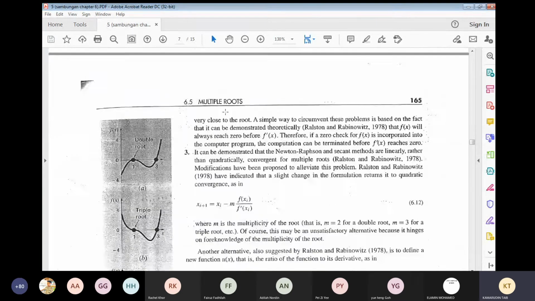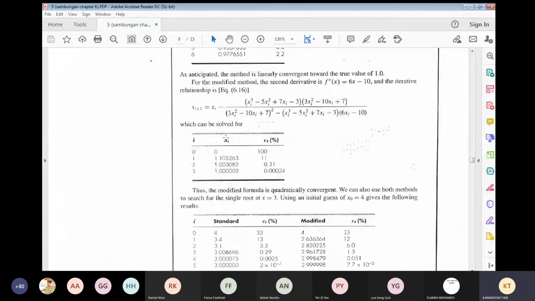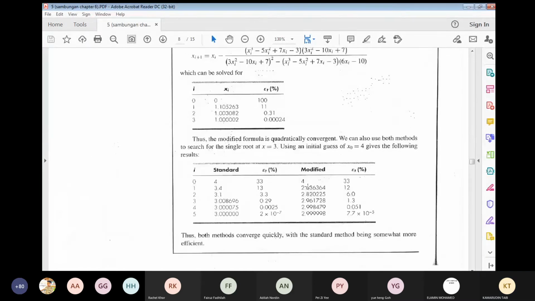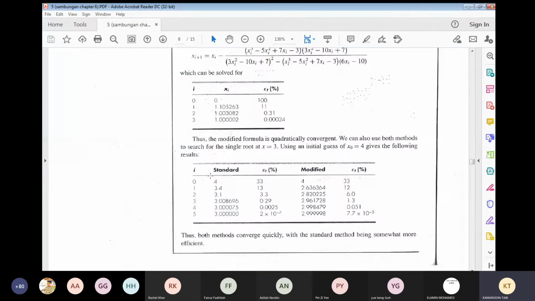So to get that root, we apply the modified and the standard Newton-Raphson, but using an initial guess of x0 equal 4. Just now we used x0 equal 0 and got the answer approaching 1. To get the answer of 3, we use an initial value of 4.